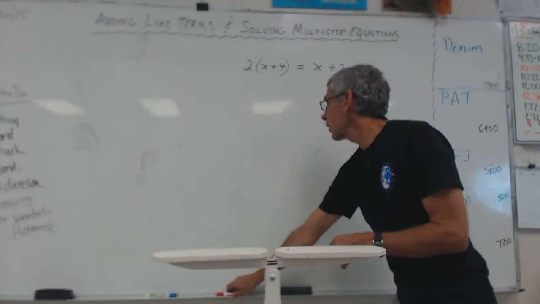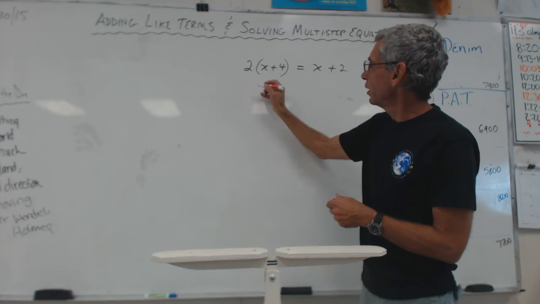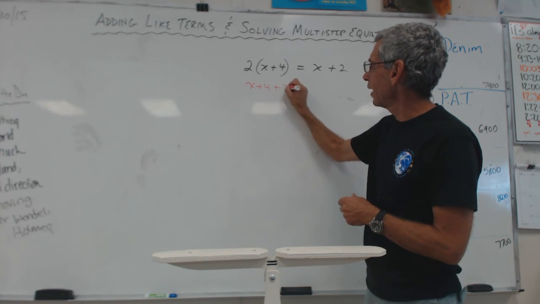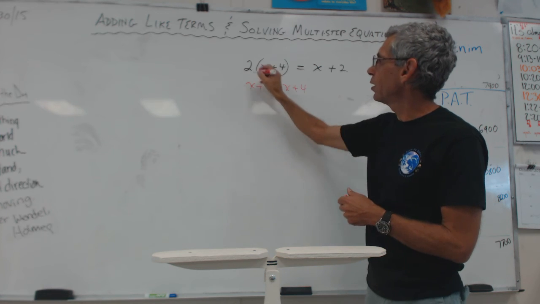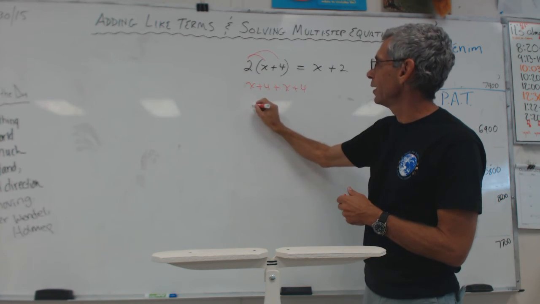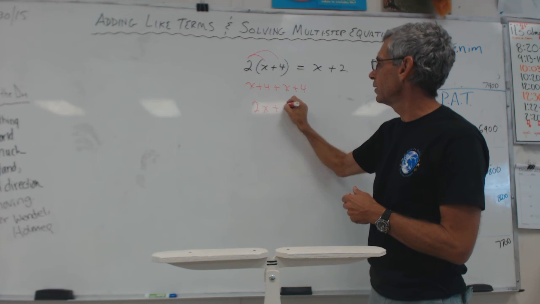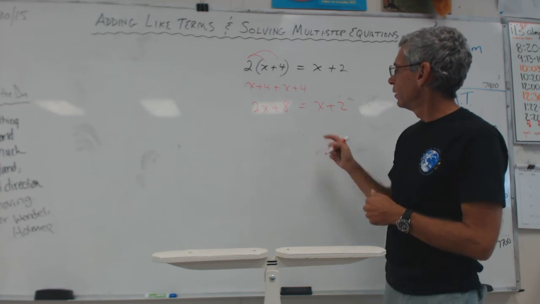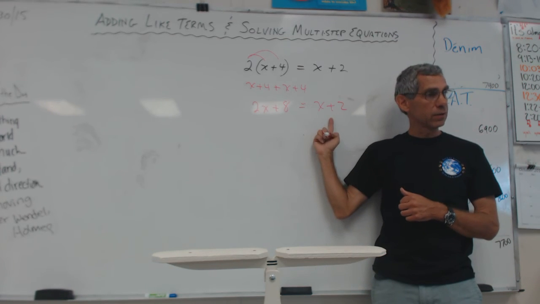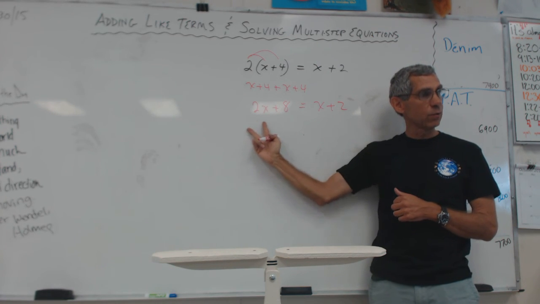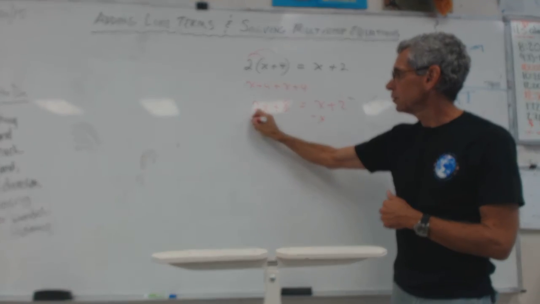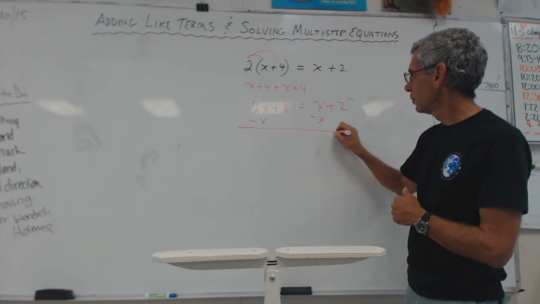So we've got this. We could have just written this as x plus 4 plus x plus 4, or we could have done the distributive property and written it as 2x plus 8 is equal to x plus 2. We took our smaller number of x's and we moved them to the other side. We subtracted them. I'm going to subtract x. Boom.